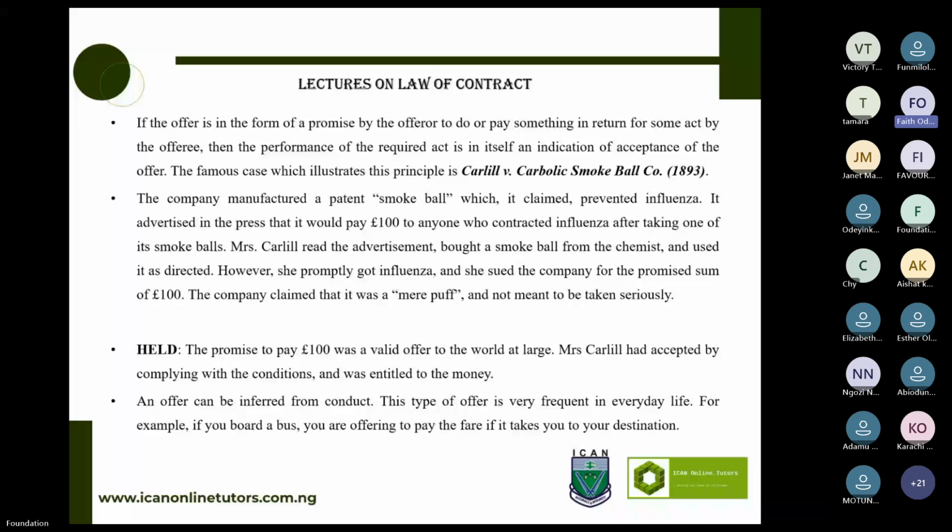Mrs. Carlill read the advertisement, bought a smoke ball from the chemist, and used it as directed. However, she promptly got influenza and sued the company for the promised sum of 100 pounds. The company claimed it was a mere puff and was not meant to be taken seriously.